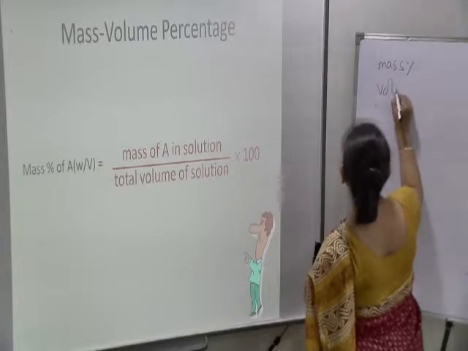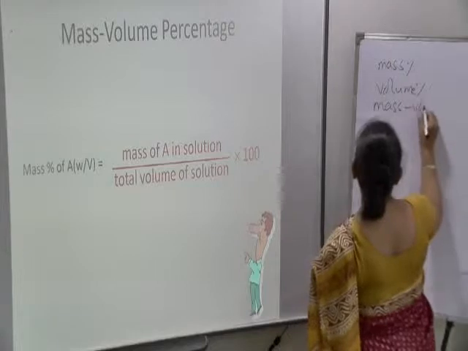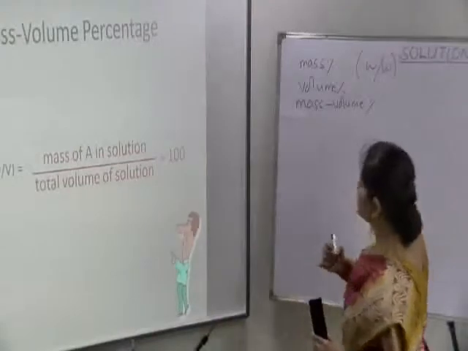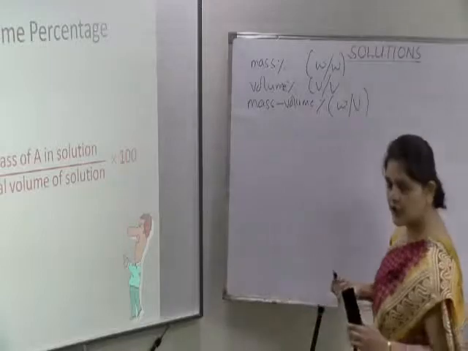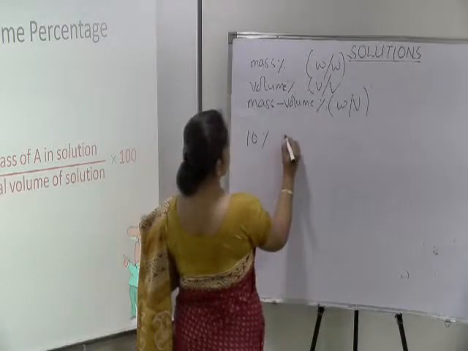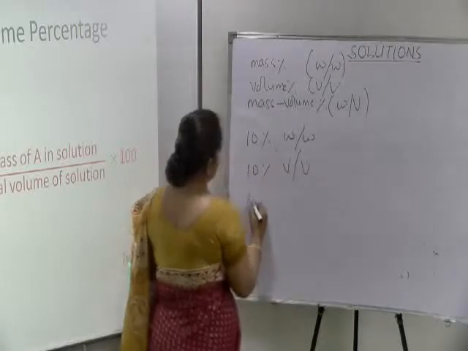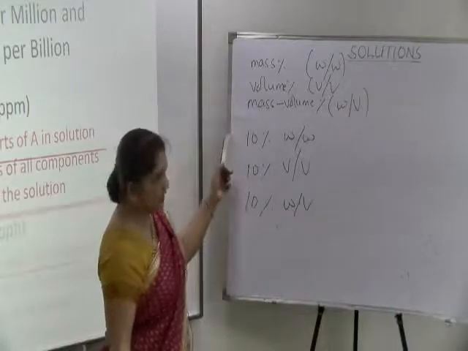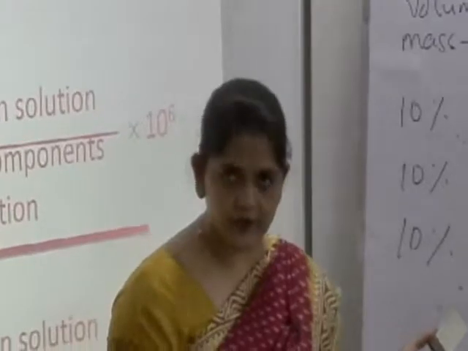Second was volume percentage. Third was your mass volume percentage. Also, we can represent it this way or this way. You should know how to interpret it if given 10% W by W, 10% V by V, or 10% mass by volume. This is very important, you should be clear with this thing because it is going to be used when you solve a numerical.